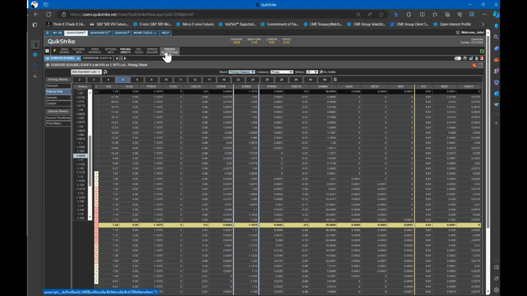Nick has gracefully allowed me to keep it, but this is the new sheet, and so just keep an eye on where you think that the market might be heading. You've already seen the high volume, and you can see their implied volatility levels 1, 2, 3.